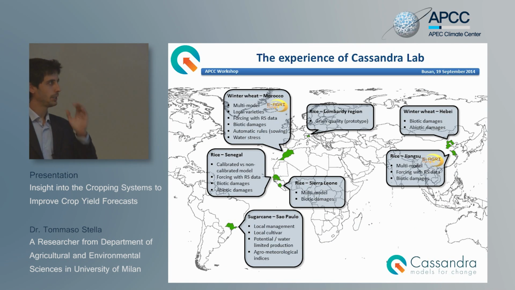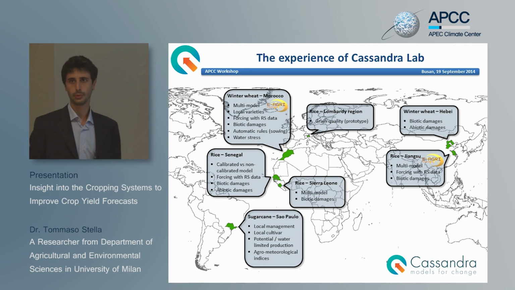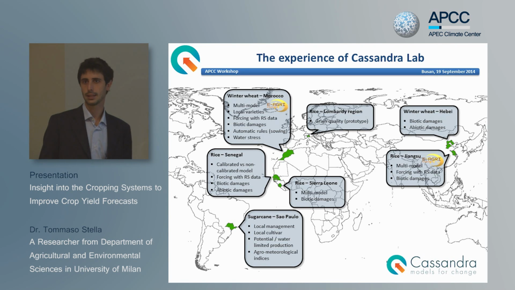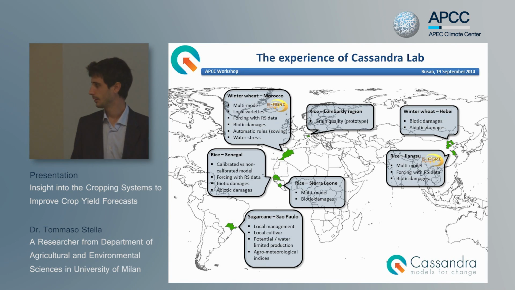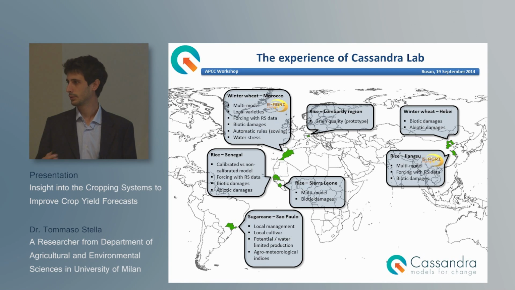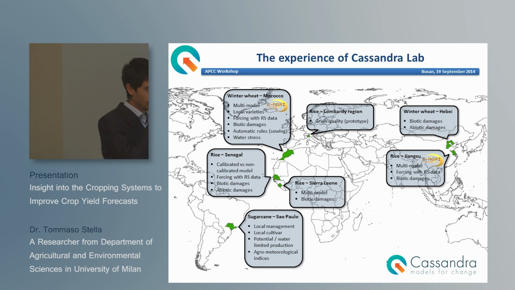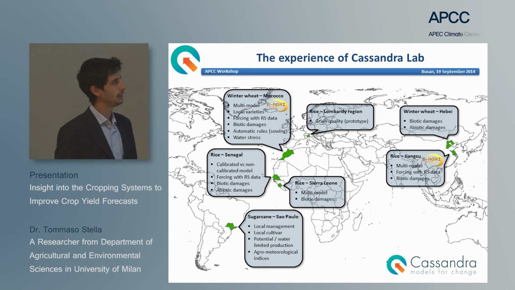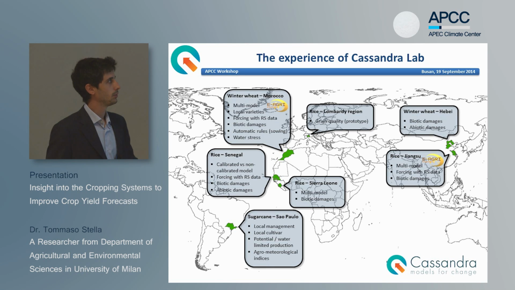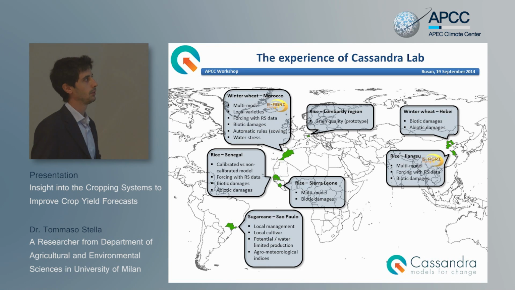Okay, this is the experience we have had as a group in crop yield forecasting. These are not operational, these are just exploratory studies. And as you may see, each modeling solution is different for each context.